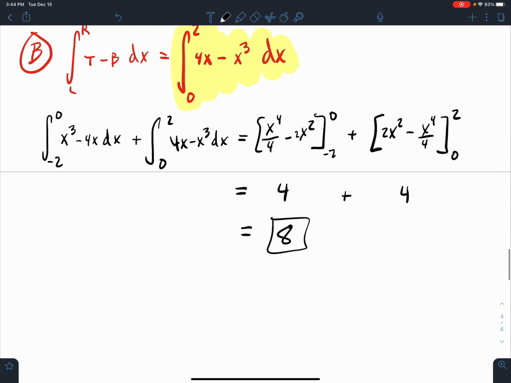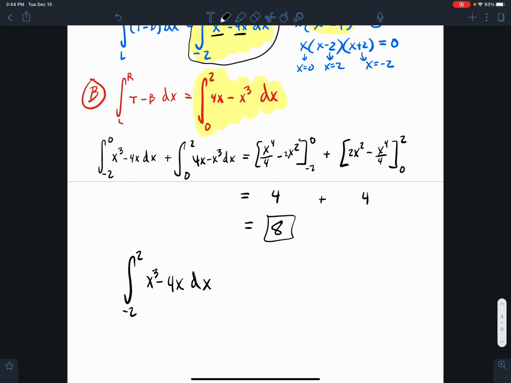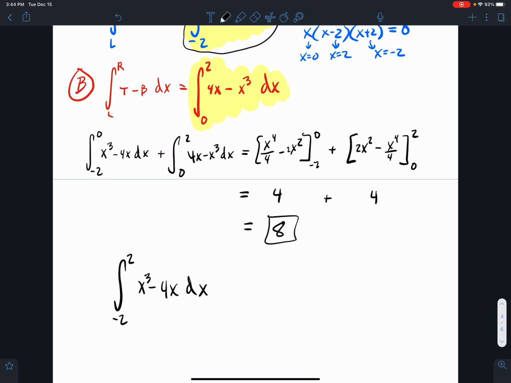Because evaluating a definite integral, so say I just said from -2 to 2 of this x cubed minus 4x business, all right? That is different. This is a definite integral.